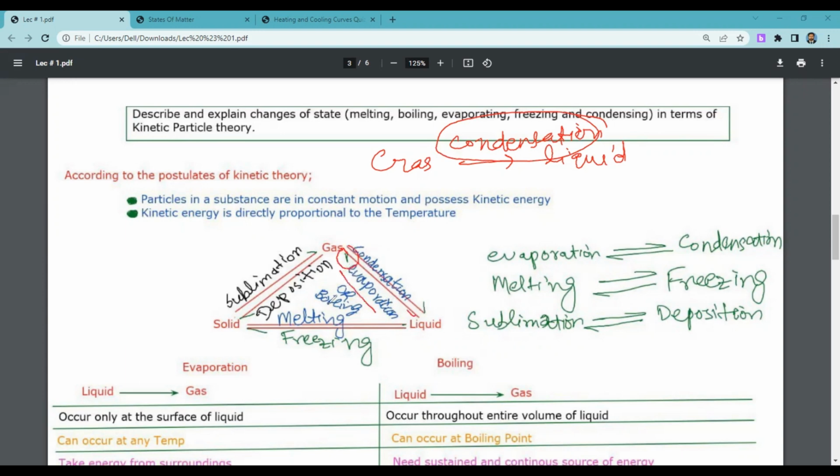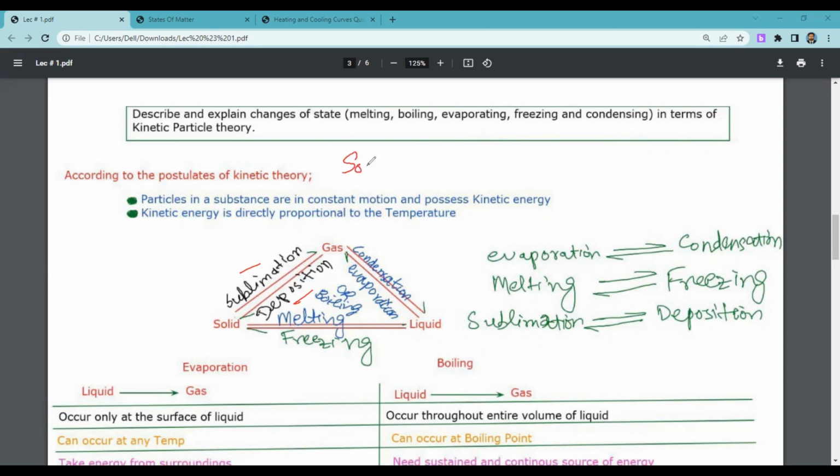It is called evaporation or boiling. While gas is converting back into liquid, this process is called condensation. Although these terms are not included in our syllabus, we will also discuss them briefly.